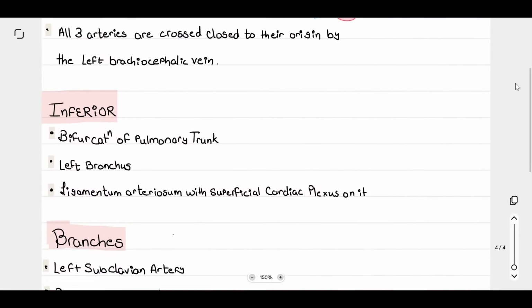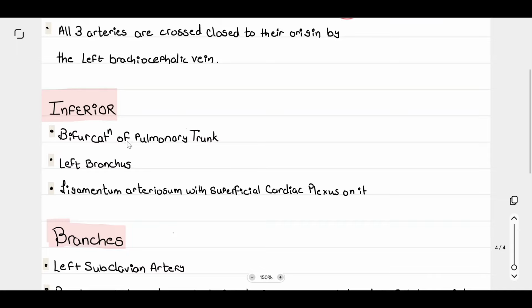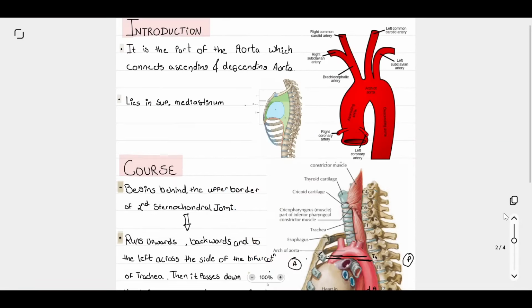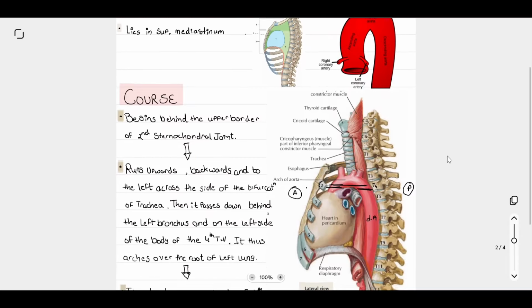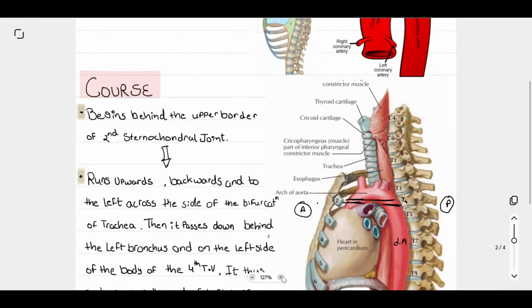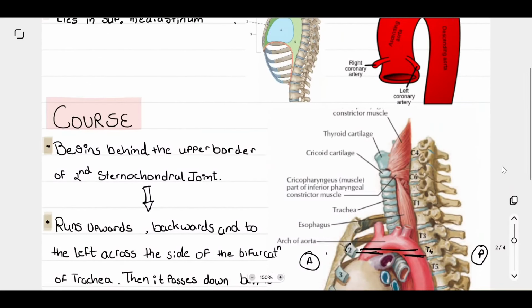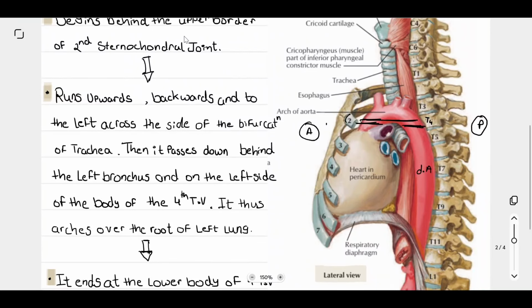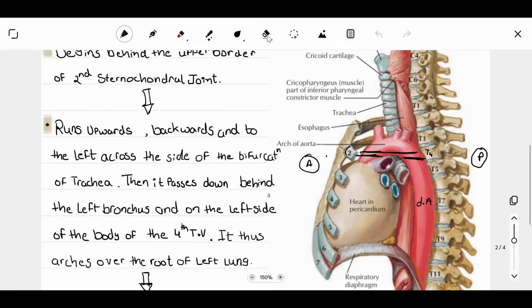And lastly, covering the inferior, which is bifurcation of pulmonary trunk, left bronchus and ligamentum arteriosum with superficial cardiac plexus on it. To view the inferior relations, we have to come back to this diagram once again. As I have told you, this diagram covers the 90% course and relations of this arch of aorta.